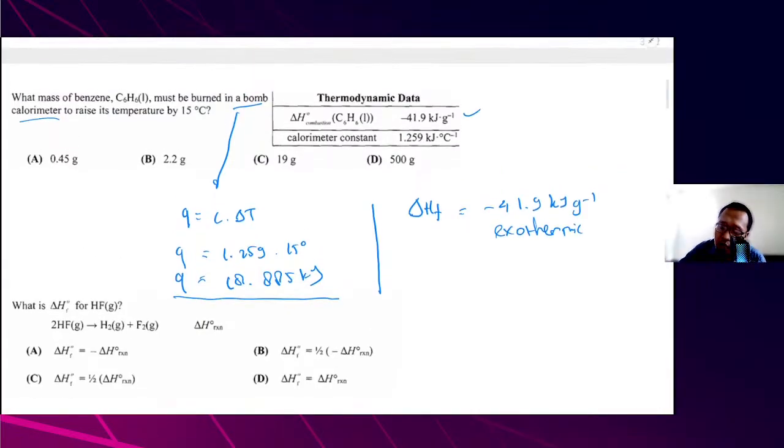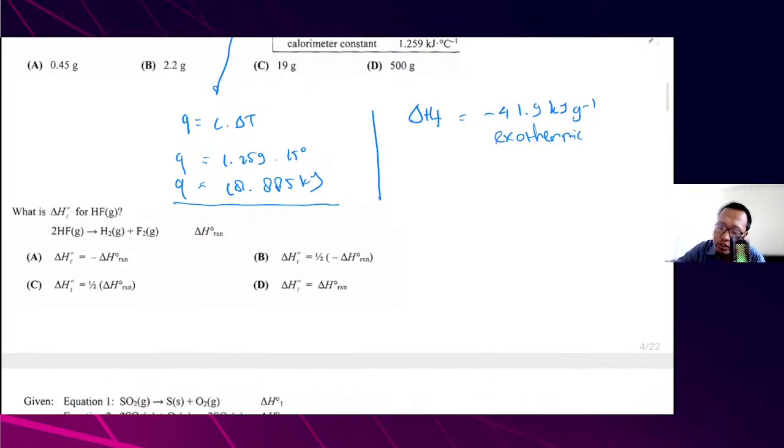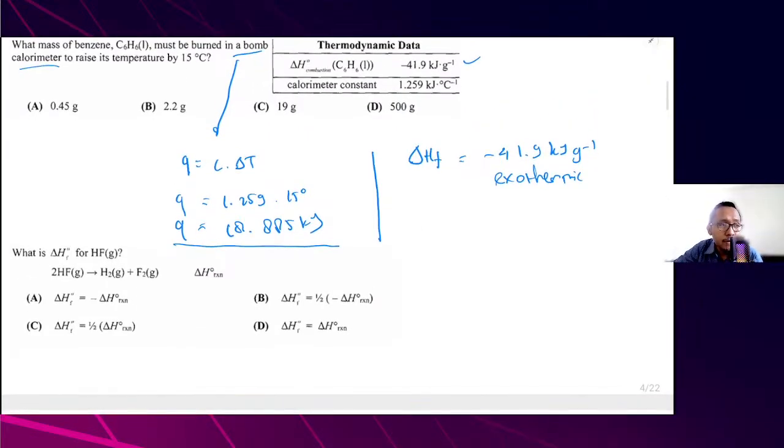So now we use the equation: absolute ΔH times m equals q. We get m if m equals q over ΔH.